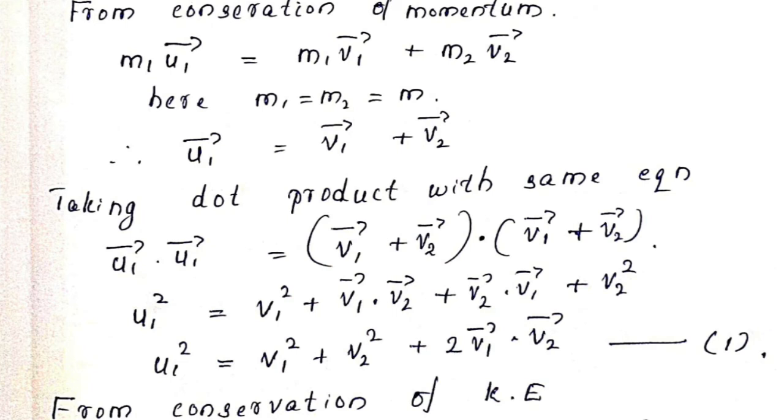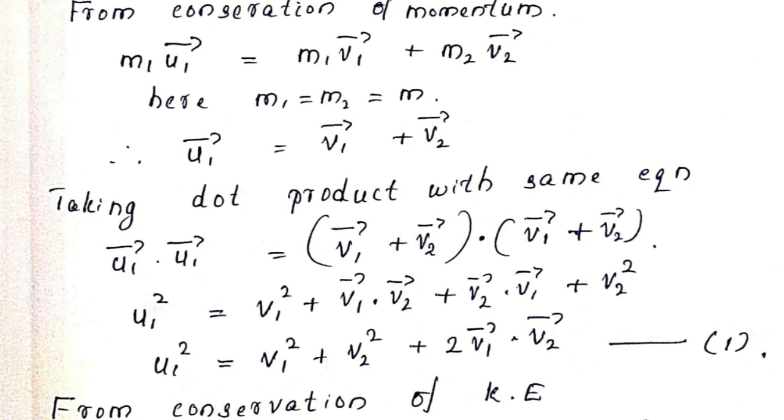All are vectors. Now just expanding, we have u1 square equal to v1 square plus v1 dot v2 plus v2 dot v1 plus v2 square, because v1 dot v1 and v2 dot v2 are just like a dot a. You know a dot a is a square. We have already discussed this, and we know v1 dot v2 and v2 dot v1 are the same.